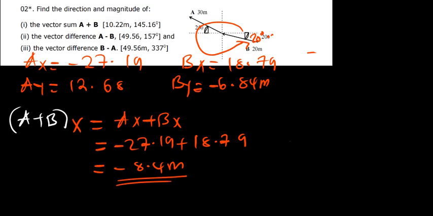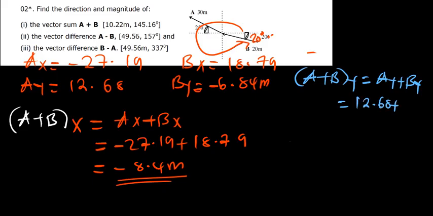Okay. So now I need also to find the same thing, but I just need to put y. So I'll say A plus B in the brackets, I put y. This is a result of Ay plus By. So what is my Ay? My Ay is 12.68. What is my By? My By is negative.